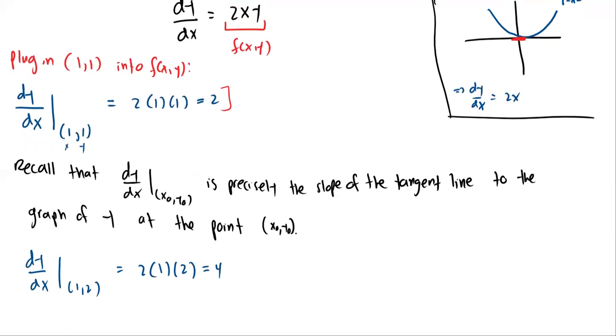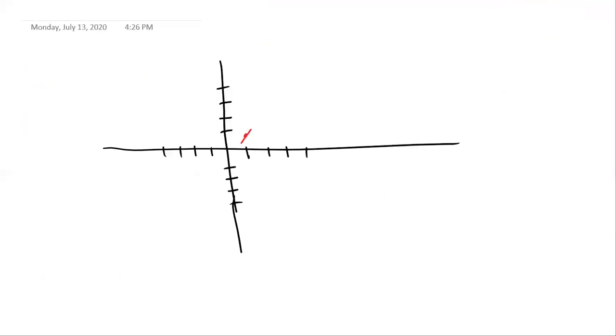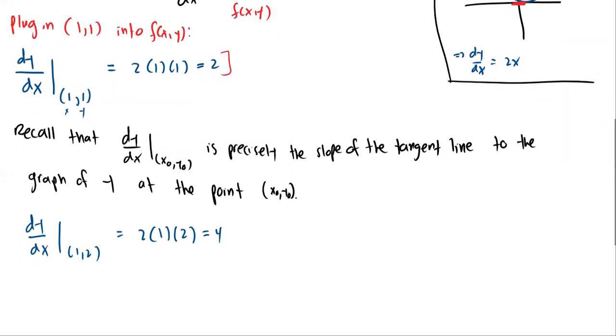So we go here to our plot, and at the point (1, 2), we're going to plot just a small strip of the tangent line with slope 4. So slope 4 should look something like this, I believe. Okay.